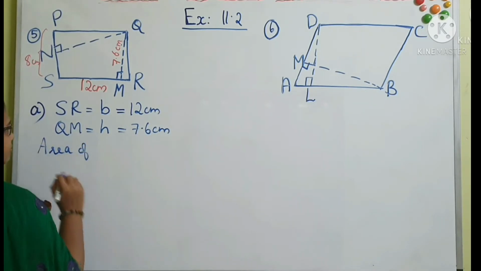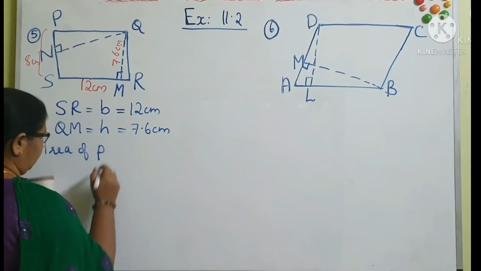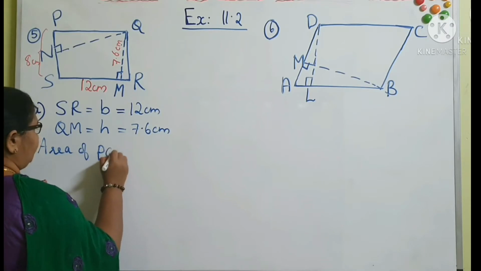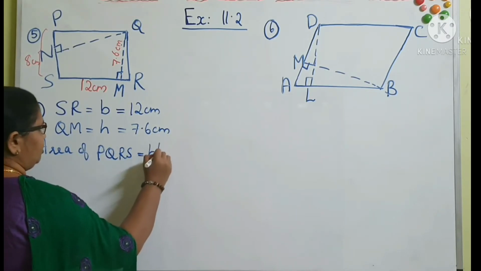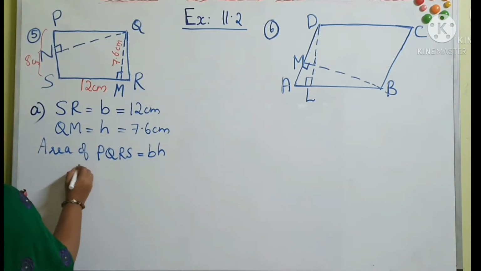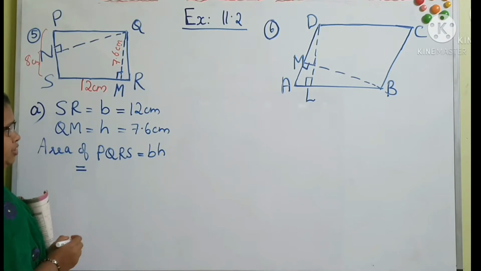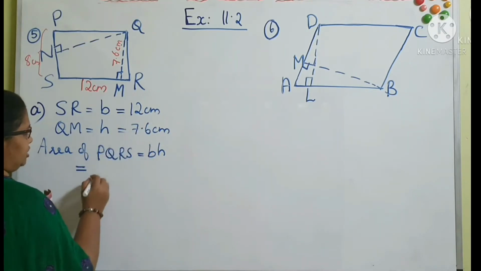Area of parallelogram PQRS is equal to, we know, BH. Here B is 12 and H is 7.6.